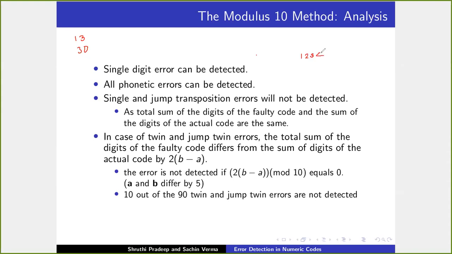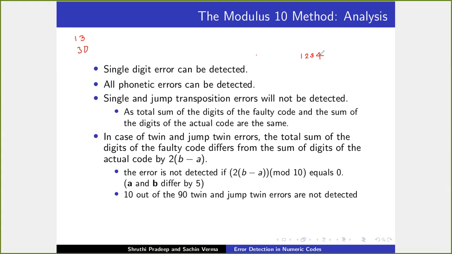You are telling somebody a number with the modulo 10 protocol already agreed, and while you are telling the number, somebody hears 30 instead of 13. Are you able to detect the error? That is the question. Now what about the twin errors? Yes, sir, the phonetic error would be similar to the twin error.